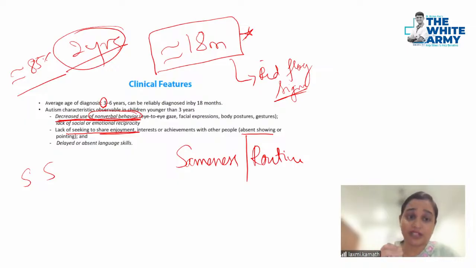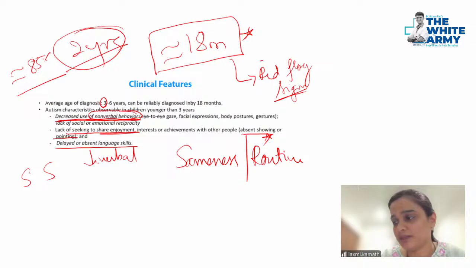That is one of the commonest complaints with which parents come to us. There is no showing or pointing. Generally, when a child gets a new toy, the child comes and shows it to everyone in the home, but such behavior is not seen in an autistic child. Plus there is delayed verbal communication. So delayed verbal, delayed non-verbal, and they like sameness. These are the main characteristics below 3 years of age.